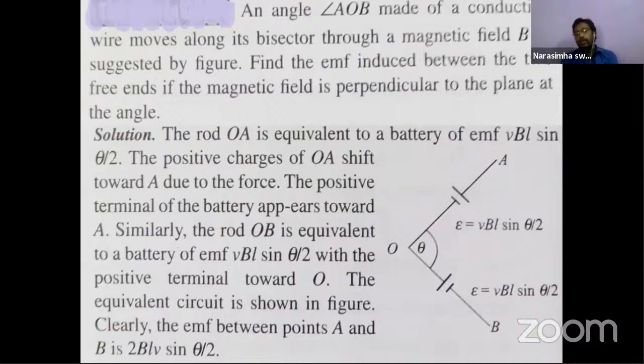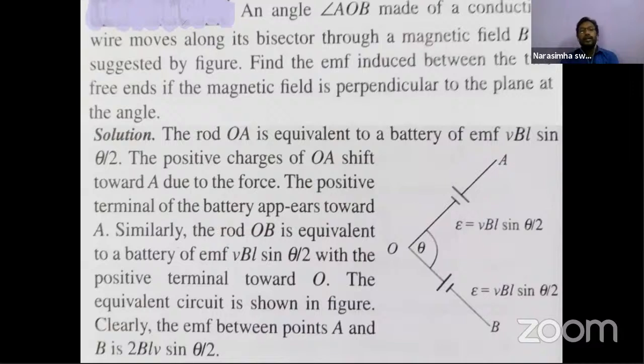It's moving with velocity v along the horizontal, as in the previous diagram. So epsilon, that is EMF, is equal to vBL sin theta by 2 for one arm and vBL sin theta by 2 for the other arm.